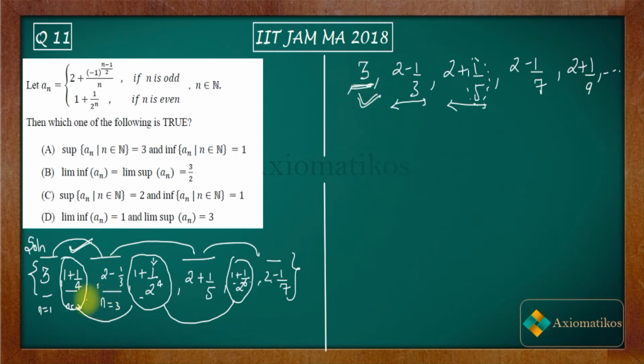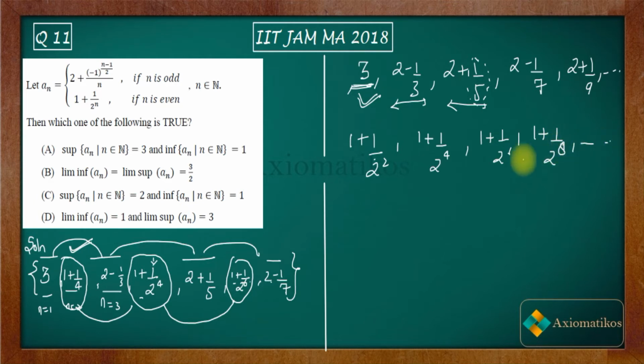For the even subsequence, you know that it's a decreasing sequence. Let me write even for you. 1 plus 1 by 2 squared, then 1 plus 1 by 2 to the power 4, then 1 plus 1 by 2 to the power 6, then 1 plus 1 by 2 to the power 8.